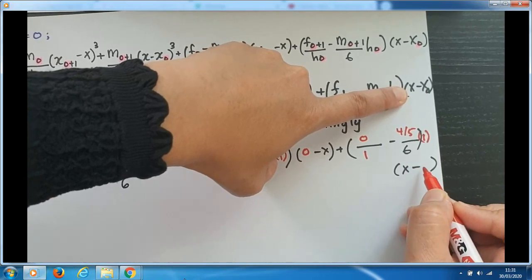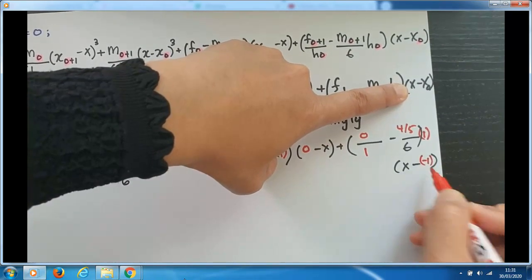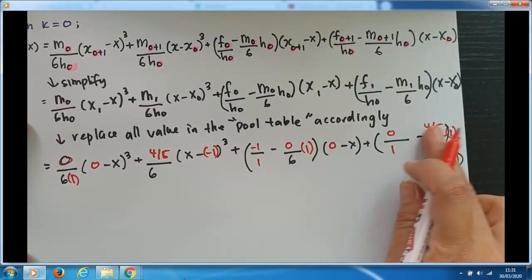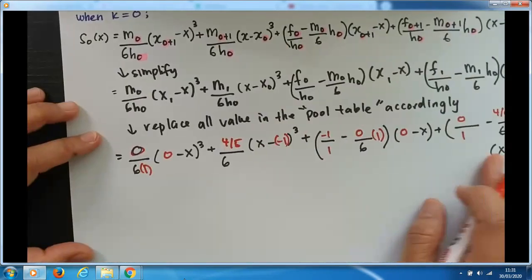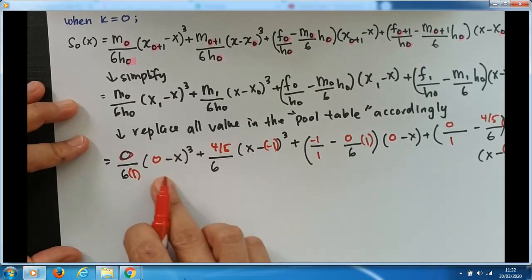Multiply by X minus X0, which is -1. So, replace all the values. Then you just solve this equation. Simplify the equation.